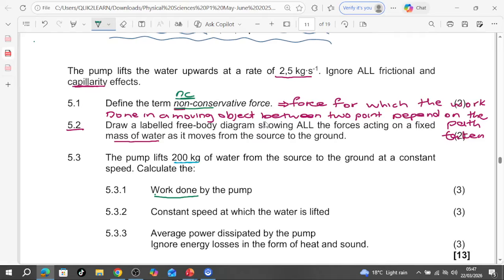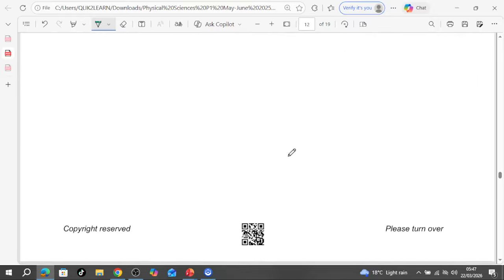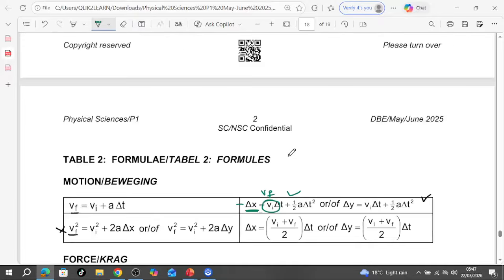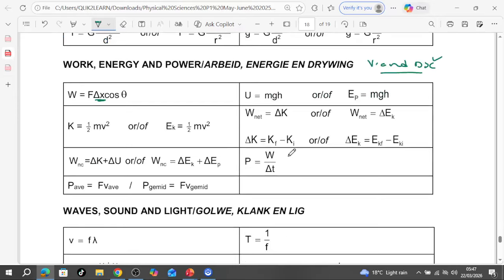Now, when I look through this problem, let's go and check what the formula is for a non-conservative force. I'm going to look for the formula that has NC. This is the one: the work done by NC is the change in EK plus the change in EP.